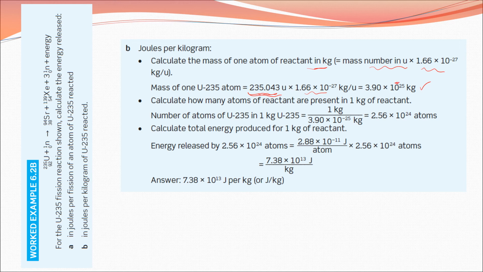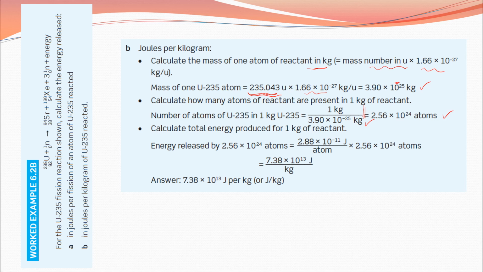We know that because that number appears just down here when we calculate the number of atoms of uranium-235 in a kilo. Do the 1 over fraction thing that I showed you before, 2.56 times 10 to the 24 atoms, just a couple. And then you want the total energy for 1 kilo of reactant.